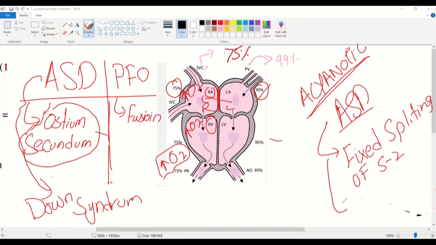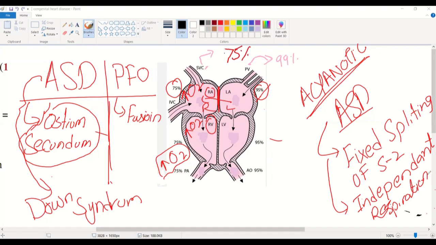It is independent of respiration. So the high yield points regarding the ASD are the fixed splitting of S2 and the chamber changes.